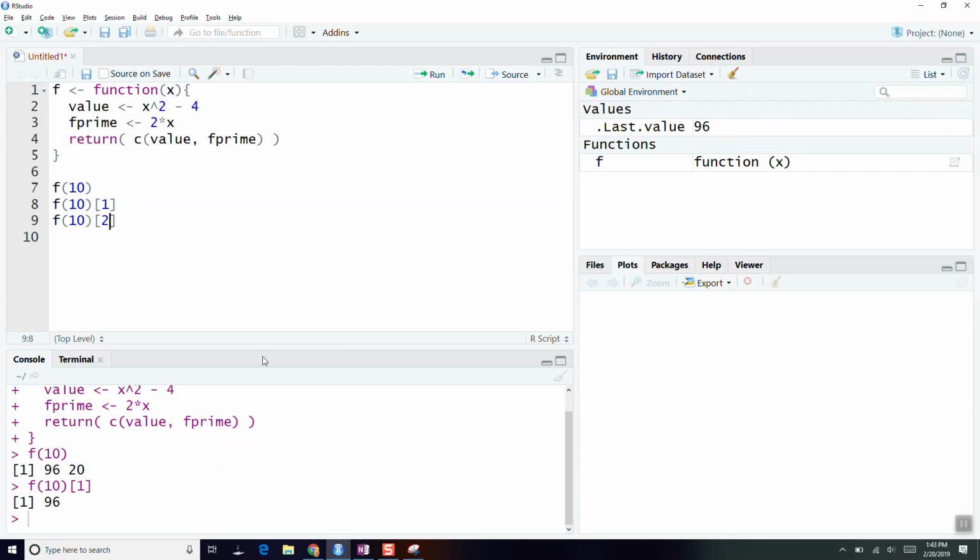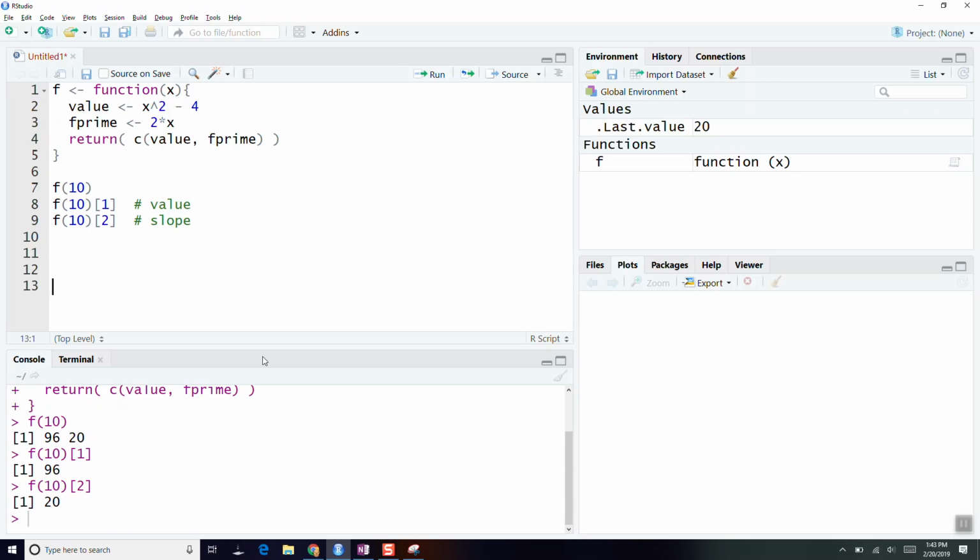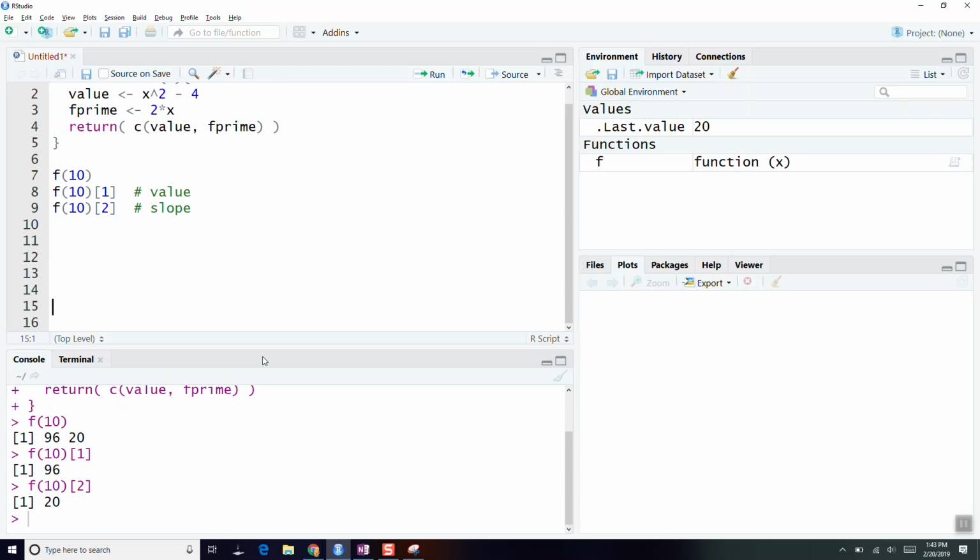And I can also just subset and say give me back the second value, and it gives me back the slope. So we get the value and we get the slope, okay, by subsetting what we have.